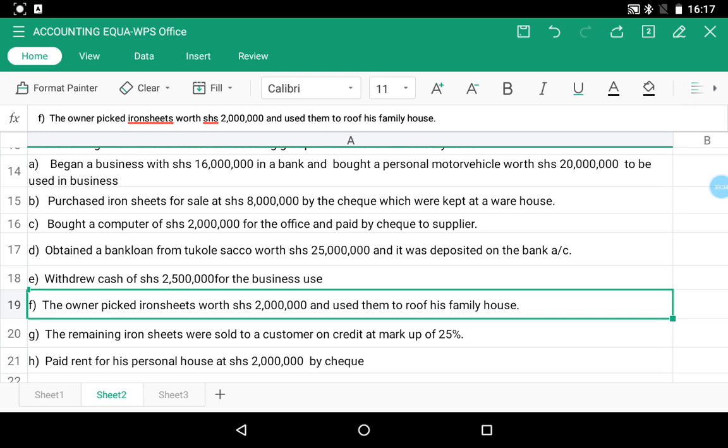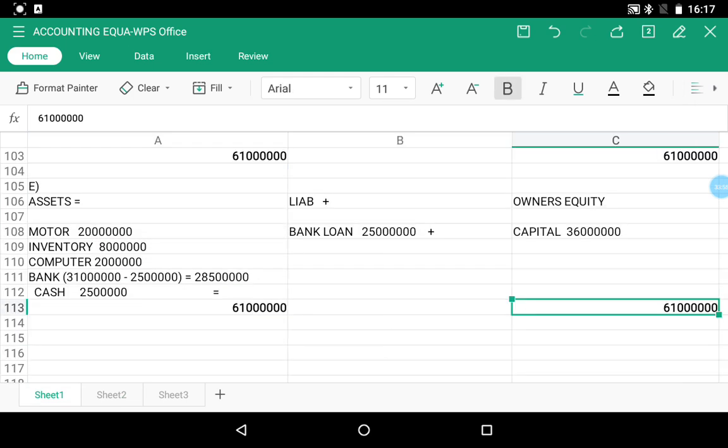So when you check this transaction, they used iron sheets to roof his house. It means inventory is going to reduce, and also capital is going to reduce. So here we are going to work on the transaction, where they've told us it is inventory and capital which are affected.